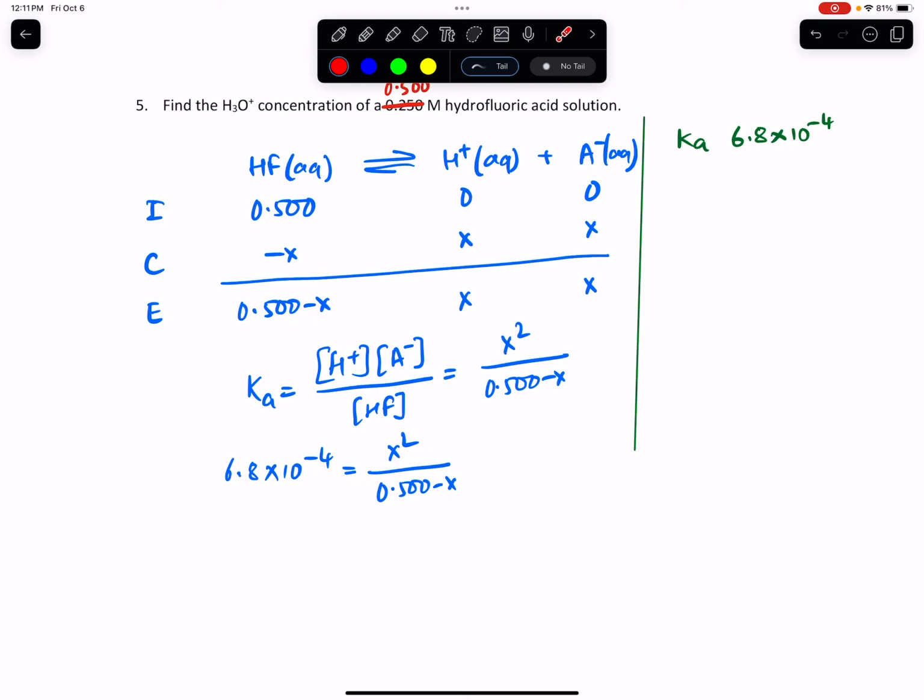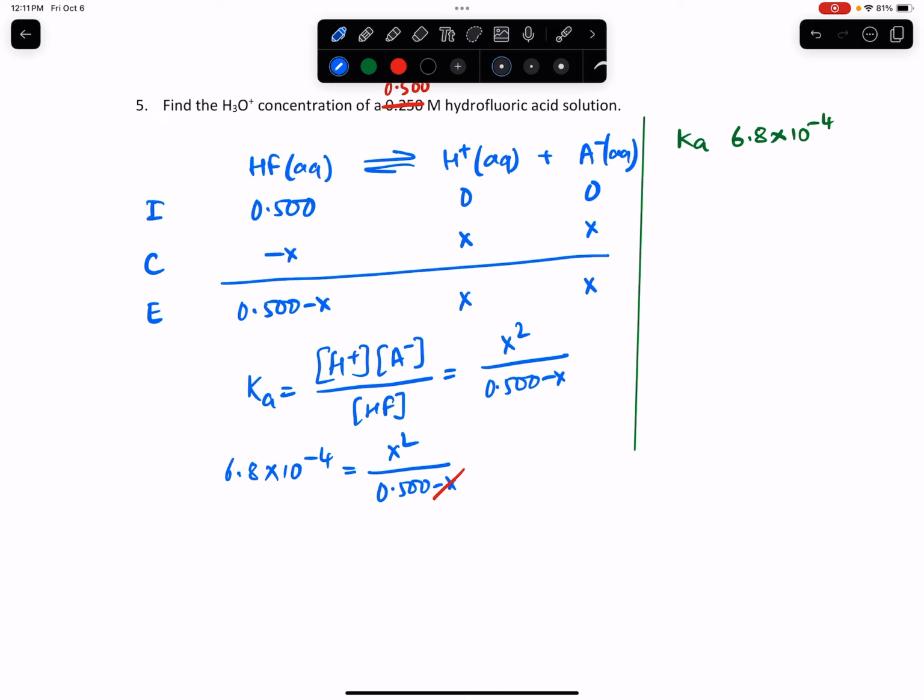So we're going to make an approximation, which we'll test later in the problem, where we assume that this X is so much smaller than 0.500 that if we subtract the X from the 0.500, for all intents and purposes we're left with the same quantity. So we're going to scratch that X out from the bottom, and that'll make this problem a lot easier to solve.